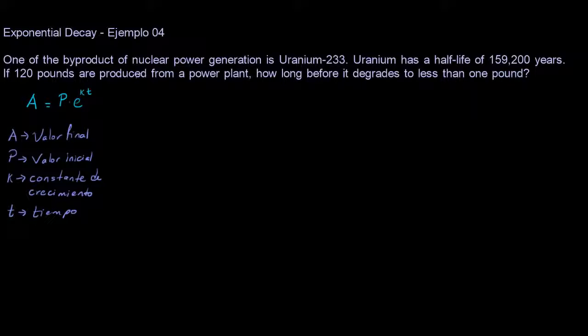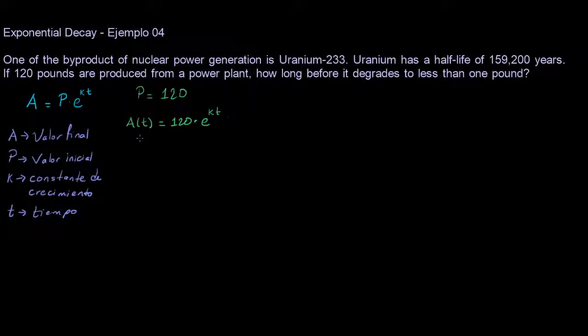Now, I'm going to say something here. If we try to get directly to this problem, we only know that the initial amount is 120 pounds. If we substitute this in the formula, A of t equals P times e to the k times t, the P will be 120, so 120 times e to the k times t.